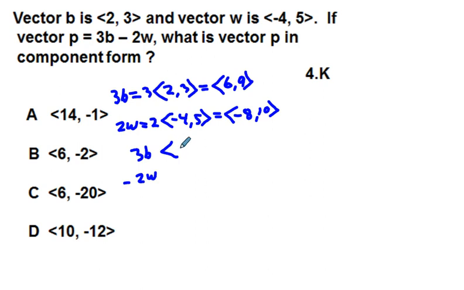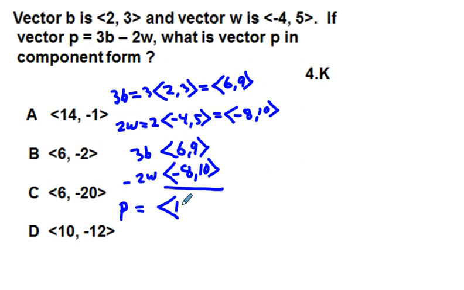So I have 3B is 6, comma 9, and below it 2W is negative 8, comma 10, and just subtract, so we have vector P, which is a subtraction of these, is going to be 6 minus negative 8, which is 14, and 9 minus 10, which is negative 1. So that gives us answer choice A.